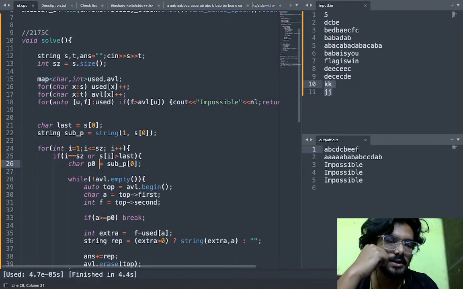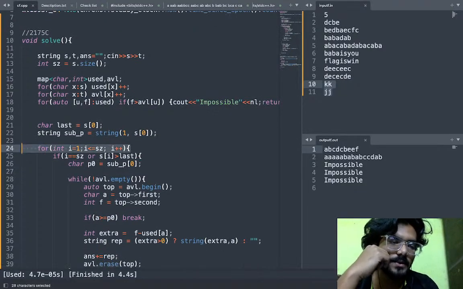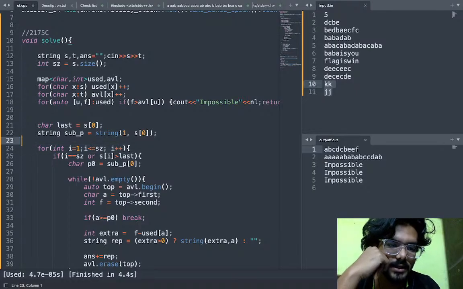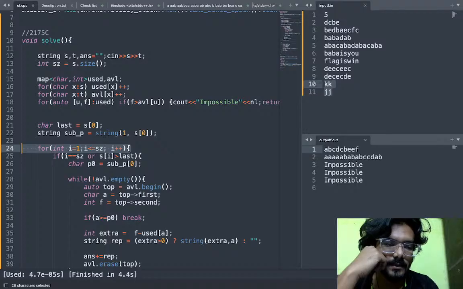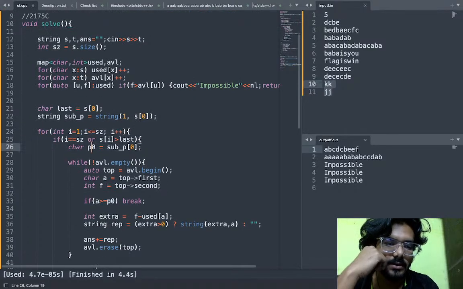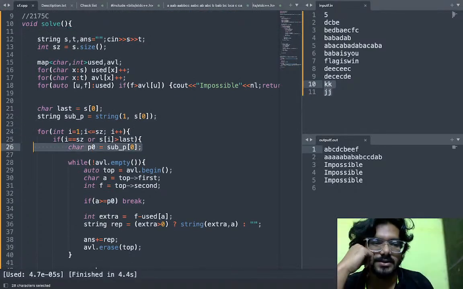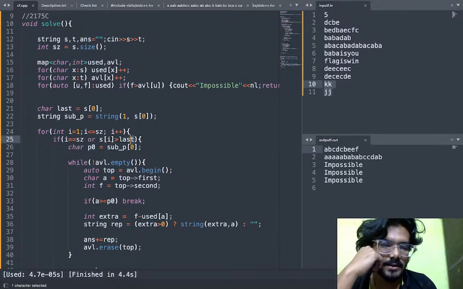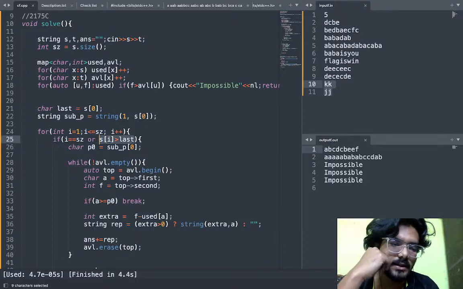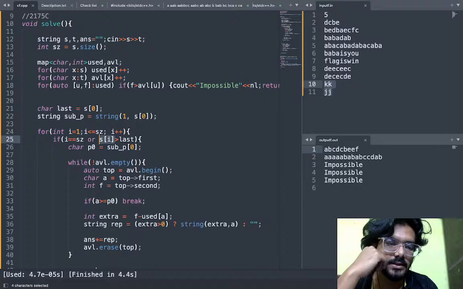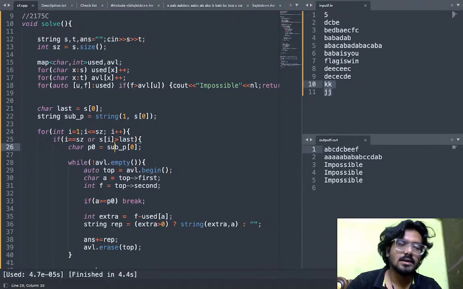I just, instead of iterating on the partitions, I iterated on the whole string, and along the way I am finding the substrings. You can see, अगर current character is more than the last stored, that means this is a new part.